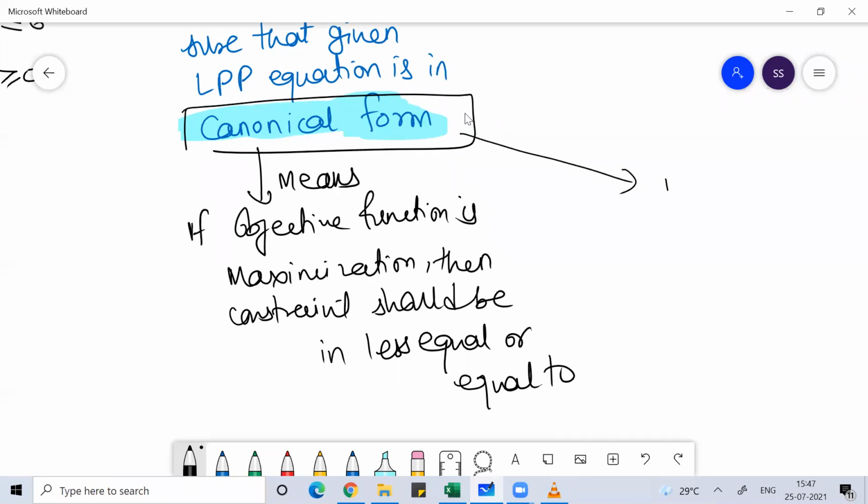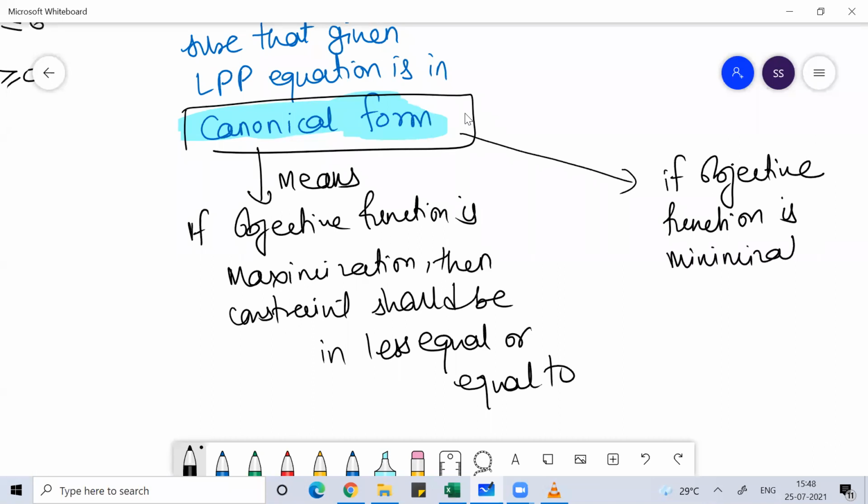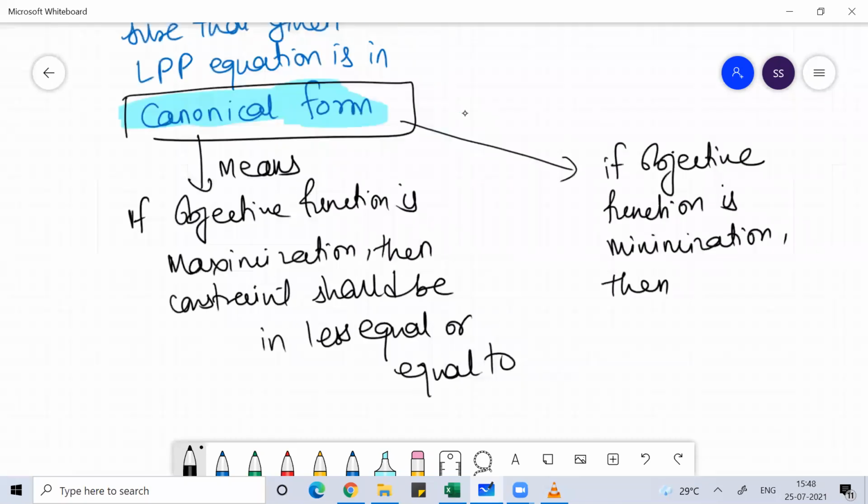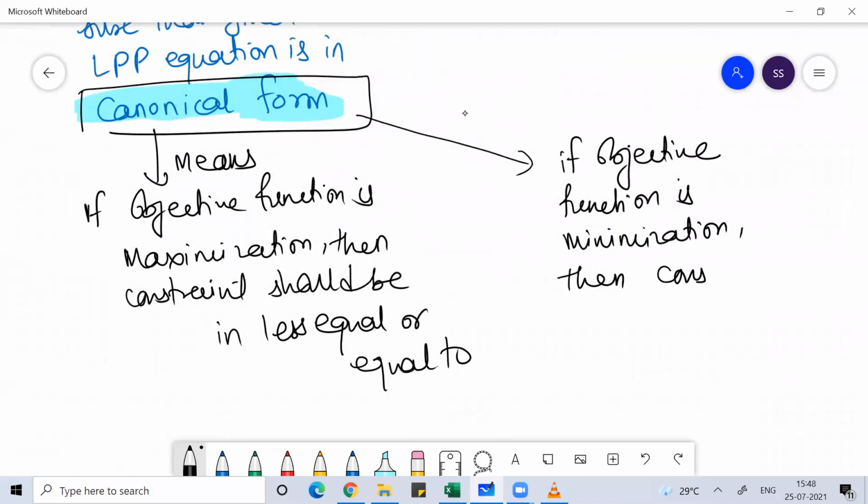Or if the objective function is minimization, then the constraints should be greater than or equal to.